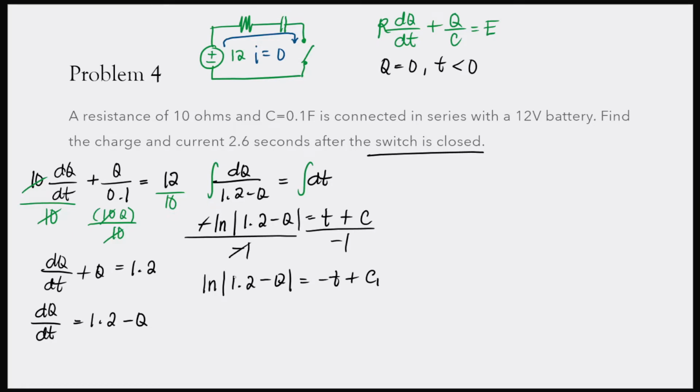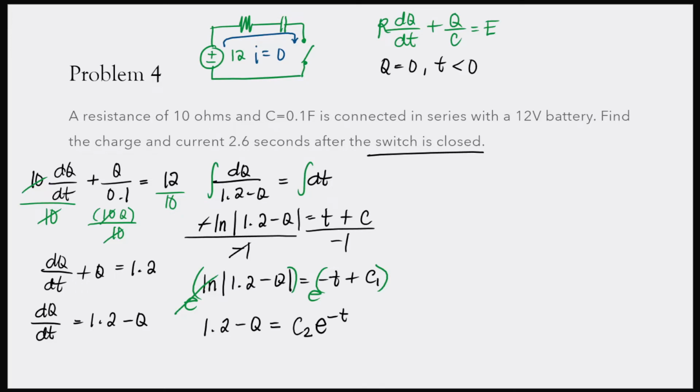Next, let's apply the ln e property to cancel out ln, so we have 1.2 minus q is equal to e raised to c1, which is c2, another change in the arbitrary constant, multiplied to e raised to negative t.